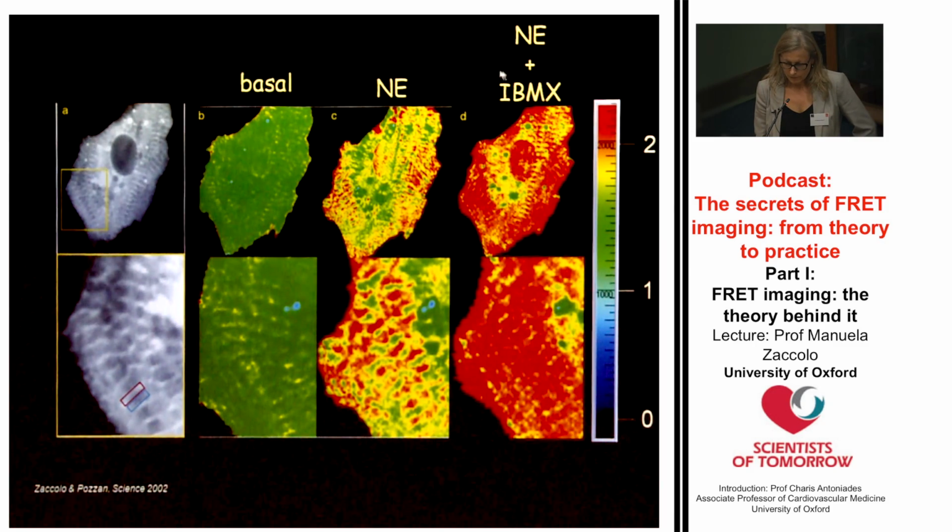And on inhibition of phosphodiesterases with IBMX, the boundaries between these microdomains are disrupted, and cyclic AMP can homogeneously spread in the cell, suggesting that the phosphodiesterases may play an important role in regulating the spatial propagation of the cyclic AMP signal.